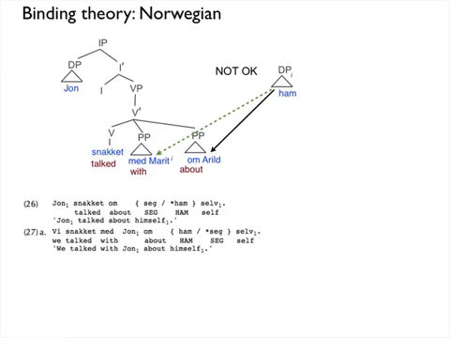And John talked to Marik, spoke with Marik about himself, has to be himself, cannot be seg self, cannot be any of the others, right? So the difference between seg self and himself is what? Huh?